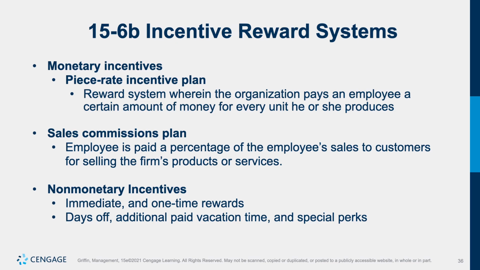Incentive reward systems. Now, monetary incentives. You have the piece rate incentive plan. This is a reward system wherein the organization pays an employee a certain amount of money for every unit he or she produces. Now, the piece rate incentive plan is considered rather the simplest type of incentive system.